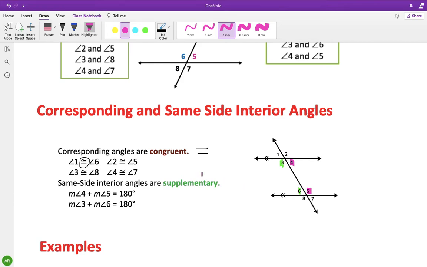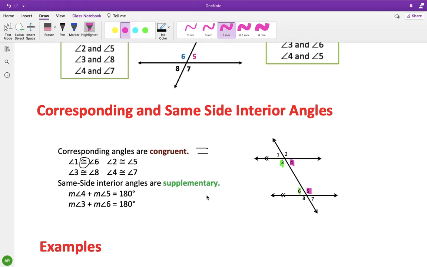Now, unlike our corresponding angles, 3 and 6 are different kinds of angles. Visually, 3 appears to be obtuse, and 6 appears to be acute. So it doesn't make sense that an angle that looks greater than 90 degrees would be equal to an angle that looks less than 90 degrees. However, it does make sense that these two angles could add up to 180 degrees.